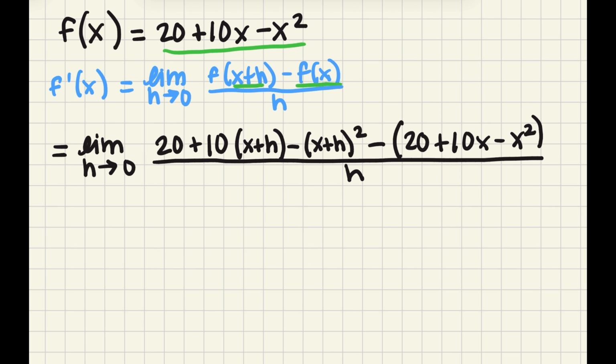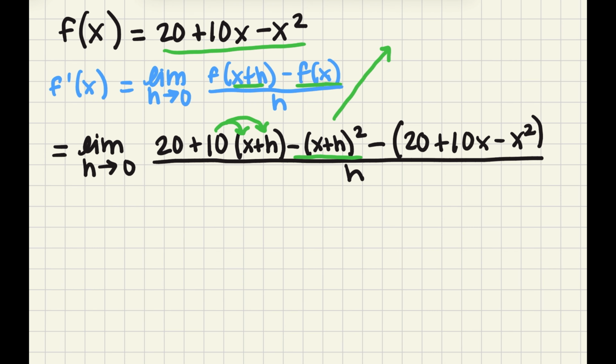Okay, so here we're going to have to distribute that 10. That's going to give us 10x. This is going to give us 10h. And this right here is similar to what we've done in previous questions, but a little bit different because it's not cubed, it's squared. So let's go ahead and move this work up here.